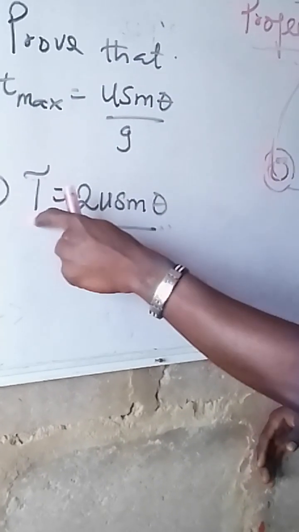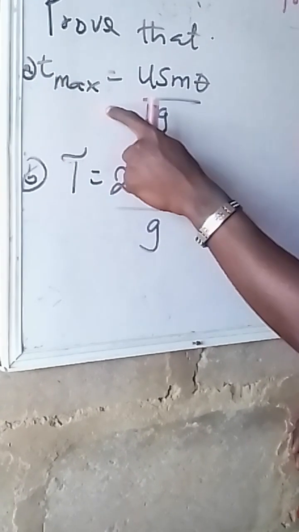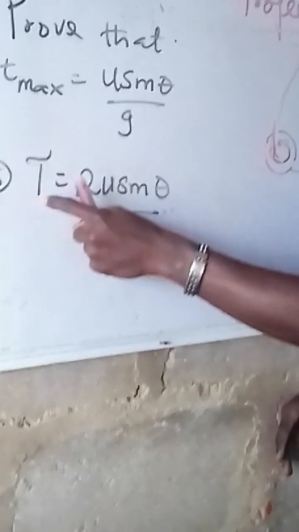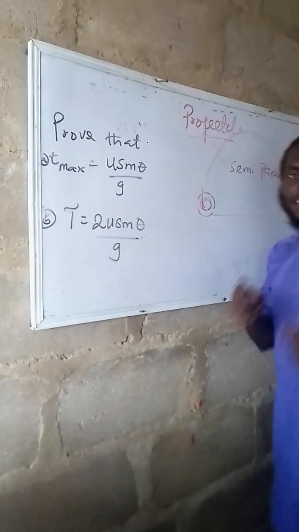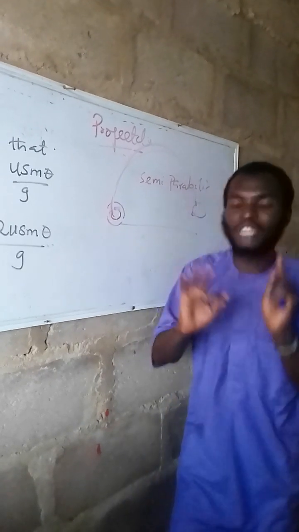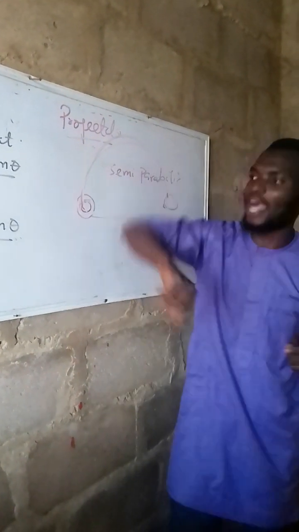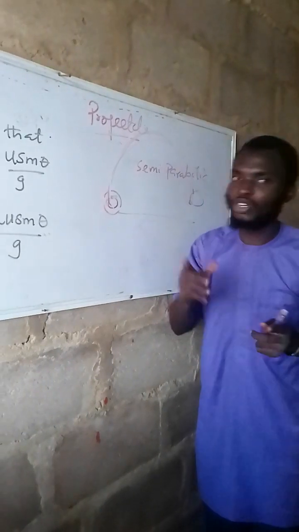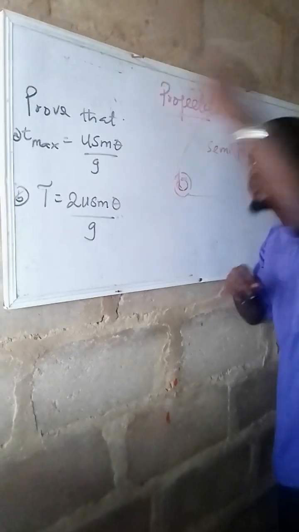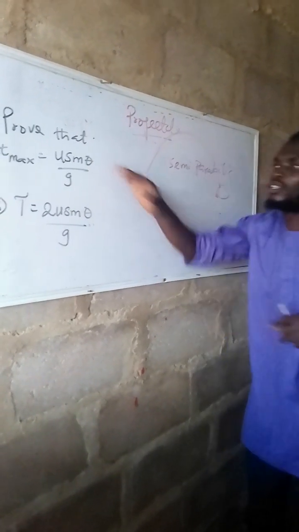This capital T is the total time of flight, which is the time required for an object to travel to the point of projection and return back. The time required for it to reach the maximum point is what we call T max.